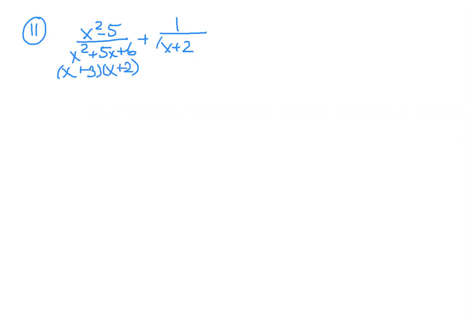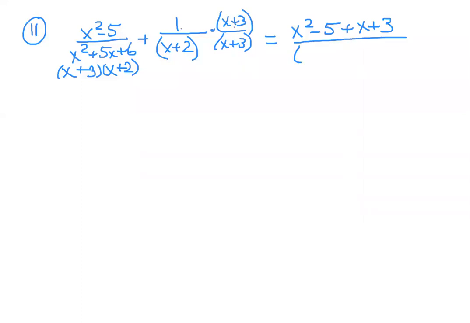So you can see that they have an x plus 2 in common. So this one we're going to have to multiply by x plus 3 over x plus 3, which is going to give us x squared minus 5 plus x plus 3, because that's 1 times x plus 3, over x plus 3 times x plus 2.